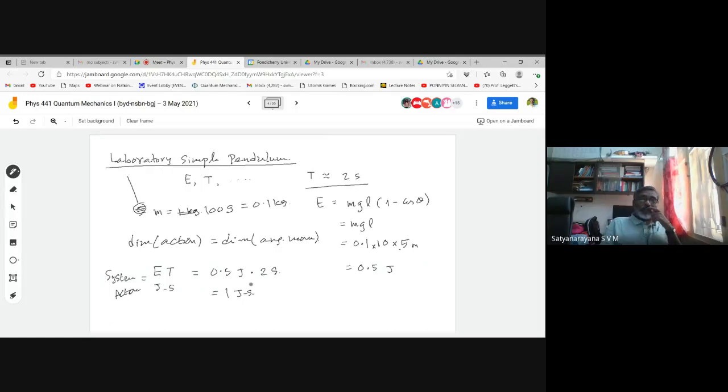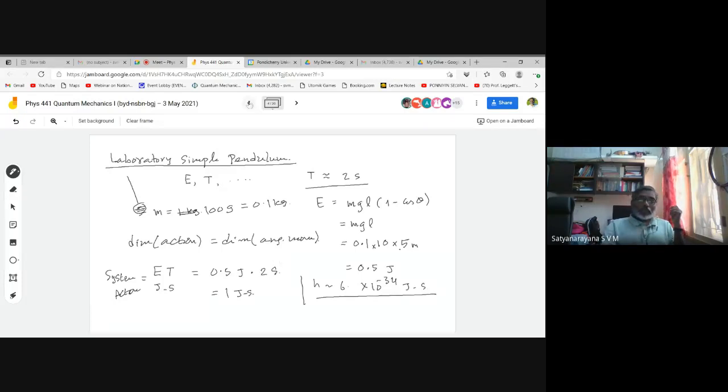Now remember, 1 joule second action is a very big action compared to h. You see, h is of the order of 6 into 10 to the power minus 34 joule seconds. So the system action is 10 to the 34 times bigger.